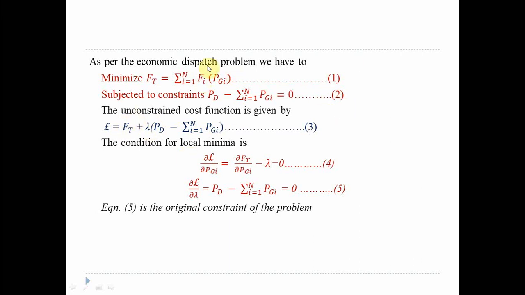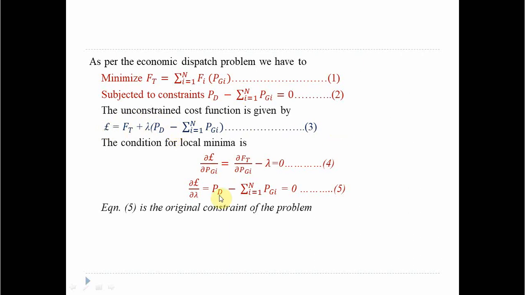So you have the objective function Ft, plus Lagrange's multiplier into the equality constraint, that is Pd minus summation i equal to 1 to n Pgi is equal to 0. So this function is added here. Now this becomes your unconstrained cost function.